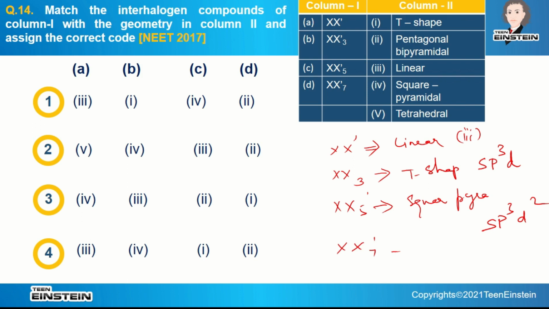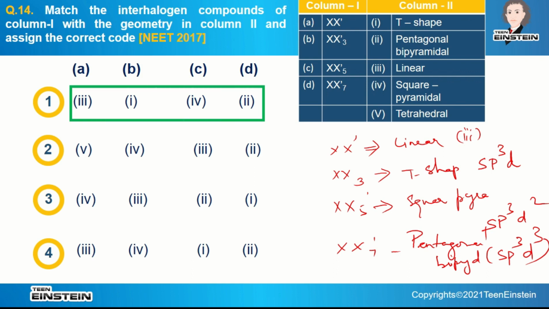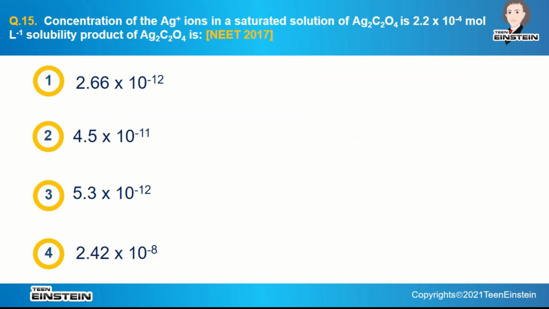So it comes to the pentagonal bipyramidal. So this one is sp3d3. So let's see the options. So here linear comes. So the correct option will be option number 1. So next, move on to the next question.